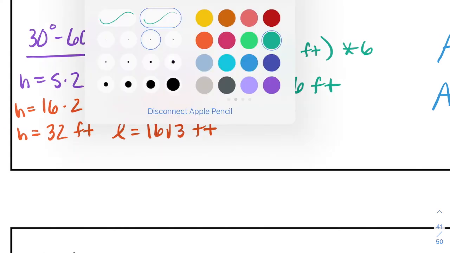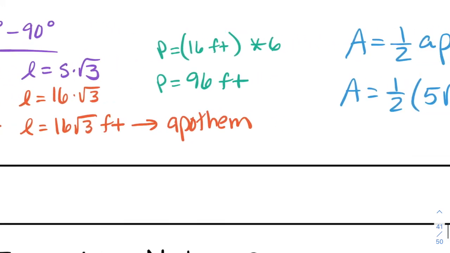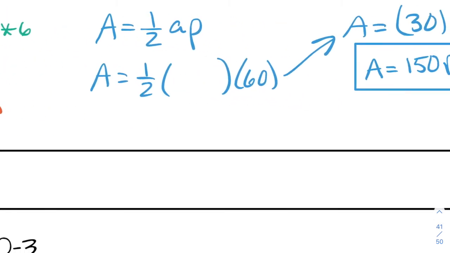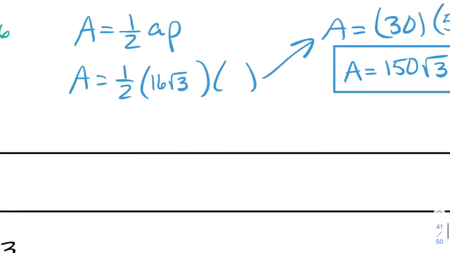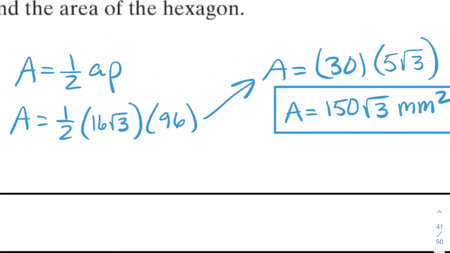So right here, just be careful, this is my apothem. Just like we found above. So here we have 16 square roots of 3. And 96. And so I'll do half of 96, which is 48.